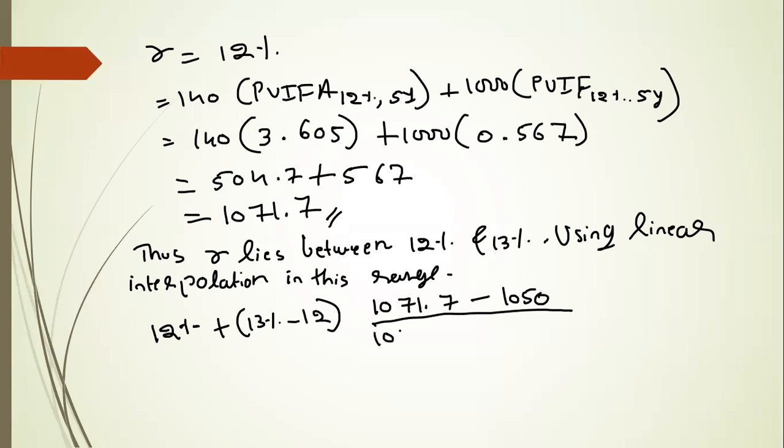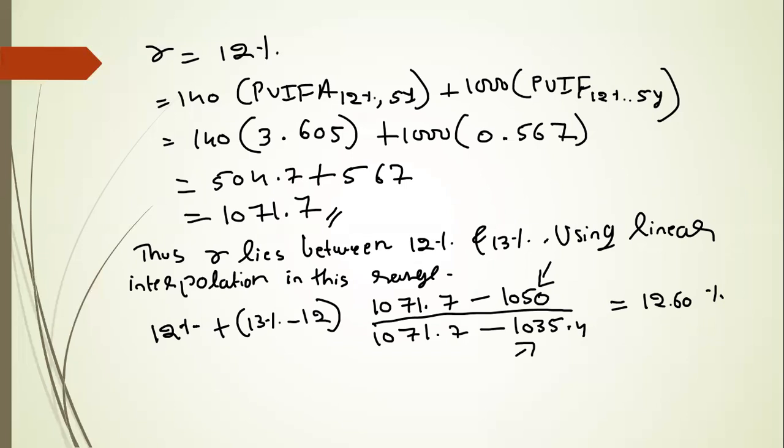So 1071.7 minus, that is the highest value, 1035.4. So this is the value which we require, and this is the value we have calculated for 13%. So by doing all this calculation, we get 12.60%. So that is the yield to maturity.